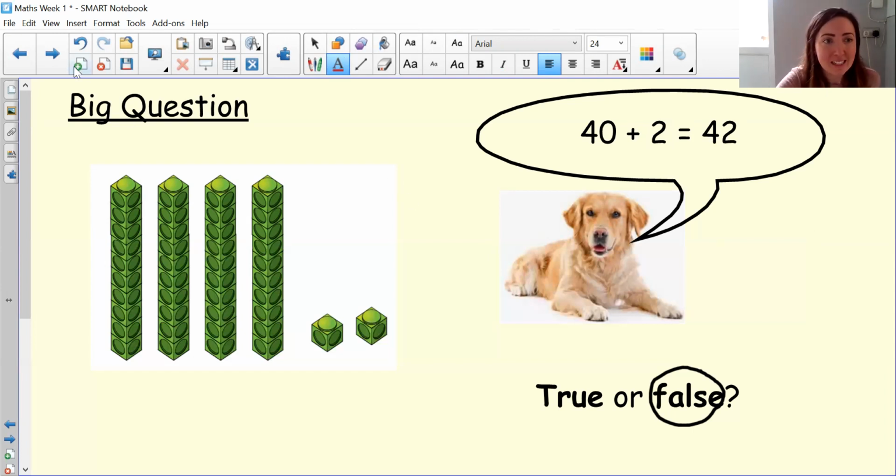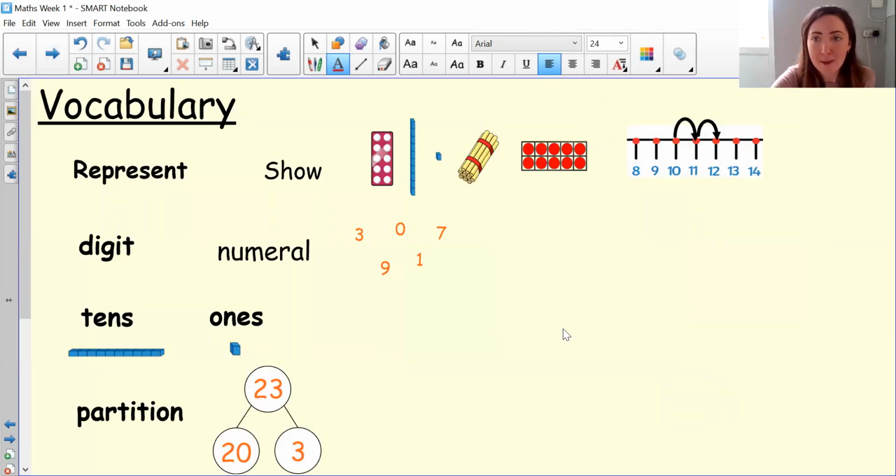Okay. Let's see what our vocabulary is today. So we've come across lots of these words before, but let's have a little reminder. So this word here, represent, we know that means to show something. So if we're representing a number, we would show it using our different concrete resources. And digit is another word for numeral or number.